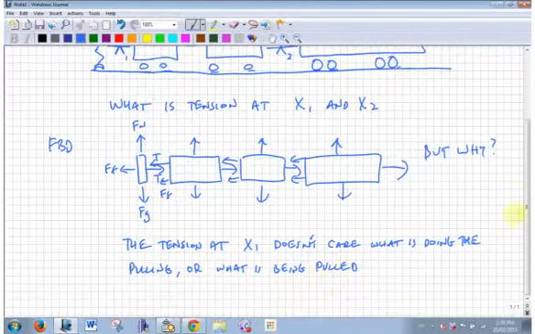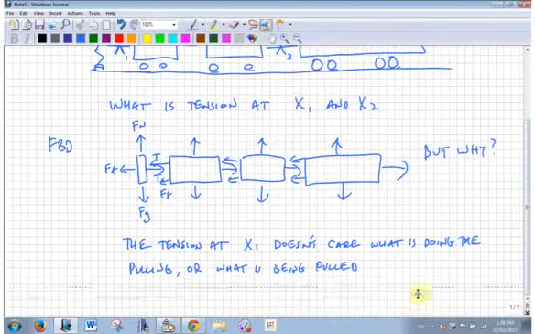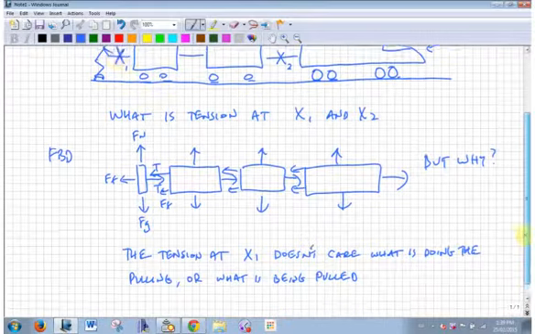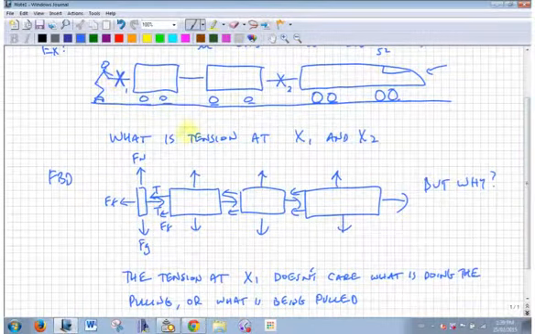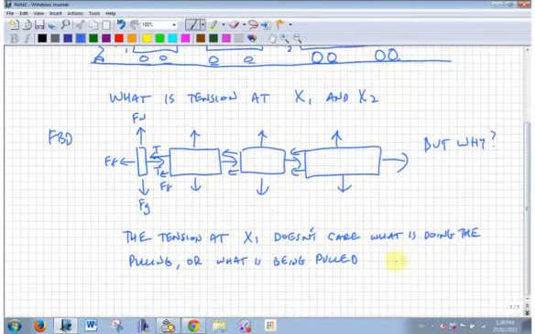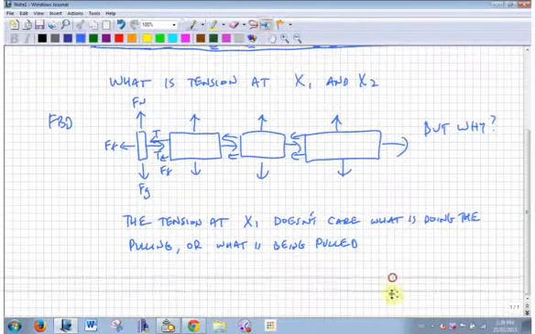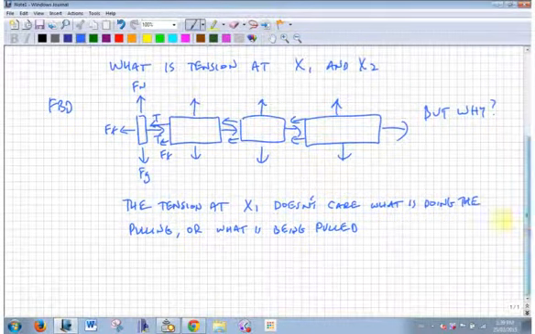Well, it does, but I can simplify it. For this example, maybe it does, but that'll make more sense when we do X2, okay? This one? No.